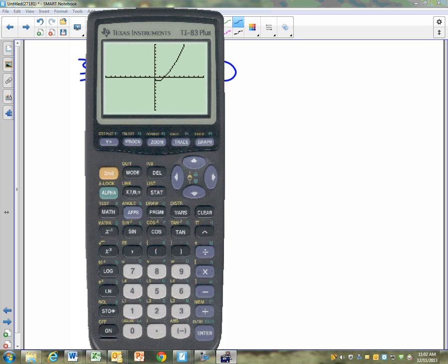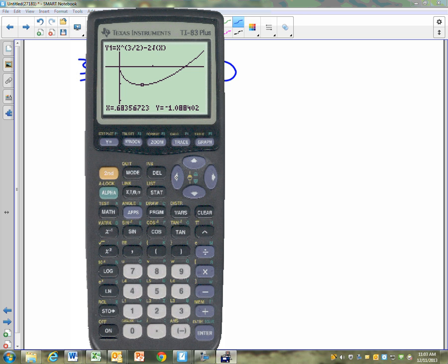Let's see if that fits within our graph. I'll zoom as a box here, and we can see. There's my graph. I'm going to trace it, and I'm going to go to where I think it's about 0.